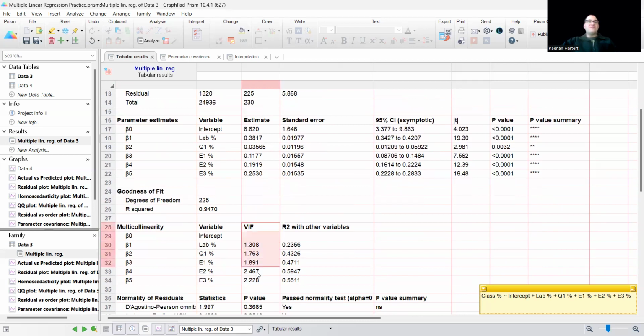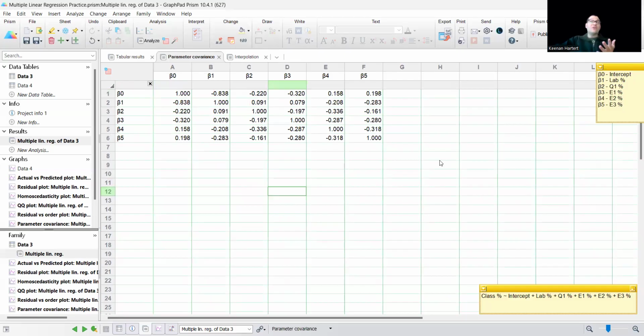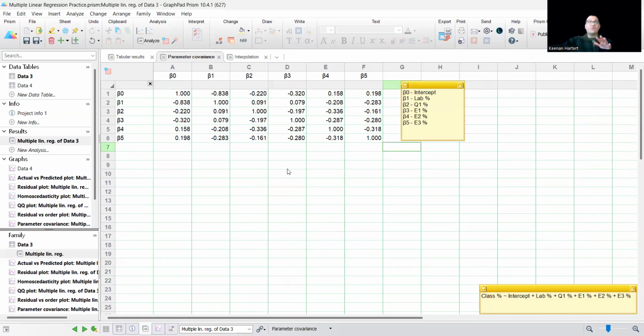What the VIF is also looking at is put in right here with the parameter covariance values. In this case, the table over here is going to give you the covariance, kind of a correlation R value type of thing, between each variable. So the intercept value itself, how those are being predicted in this case, things like that.